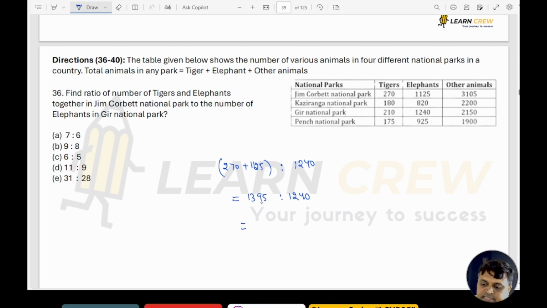One thing is very clear that it is 5 times. 5 2s are 10, 5 7s are 35, 5 9s are 45, so 279 is to 248. So 31 8s are 248, 31 9s are 279. So the answer is 9 is to 8.